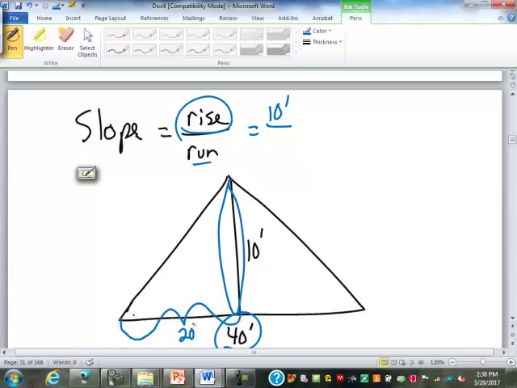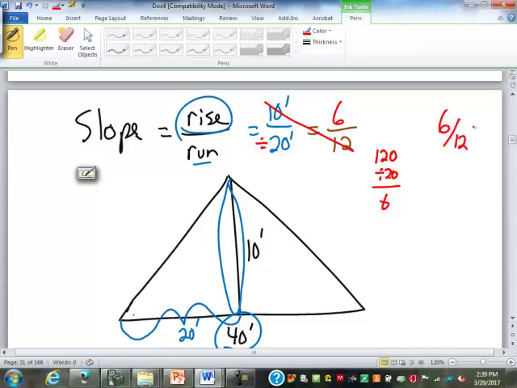It would be half the span, or 20 feet. So 10 over 20 is our slope. Now we could reduce that to a 1/2, but for a roof slope, we almost always express it out of 12. So we would do 10 times 12 is 120, divided by 20 is 6. So that roof has what we would refer to as a 6/12 slope.